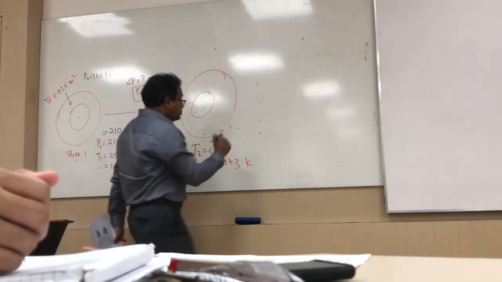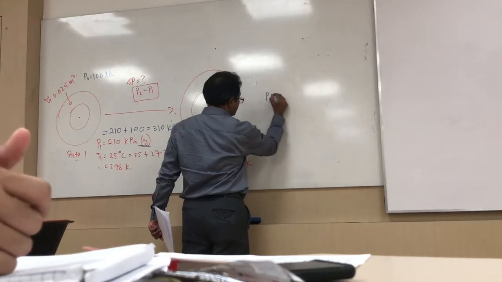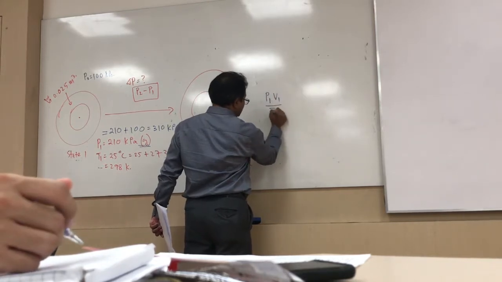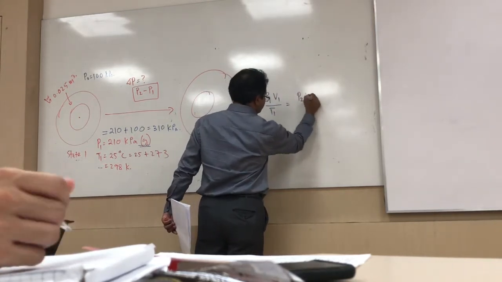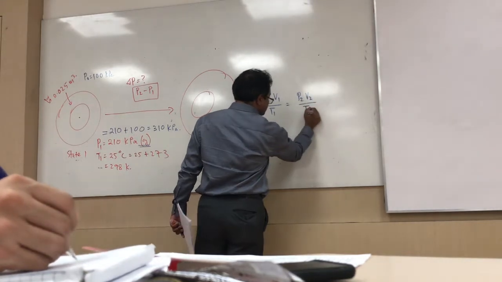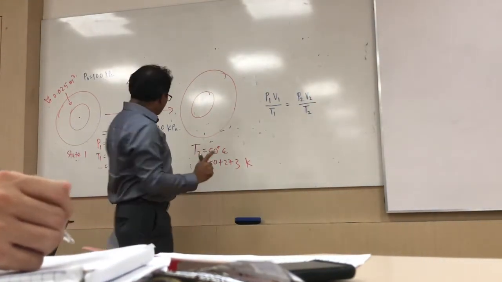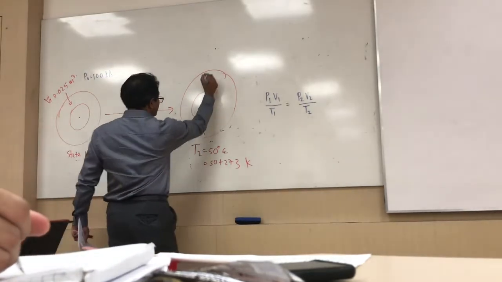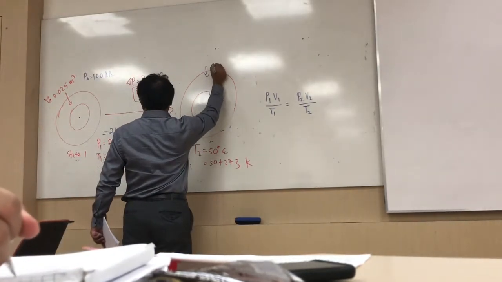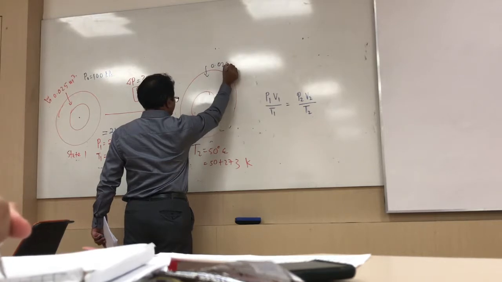Do you remember I told you, you can use P1 V1 by T1 equals P2 V2 by T2? In the class I told you. This is a constant volume process, so the volume is also 0.025 meter cube.